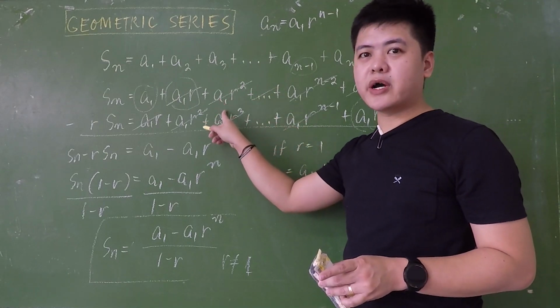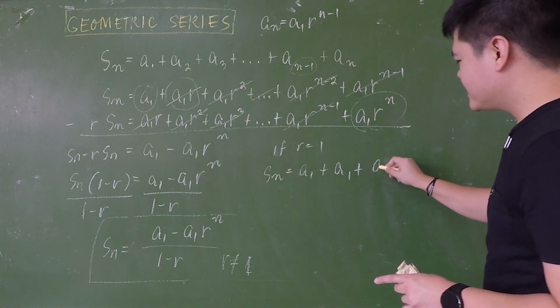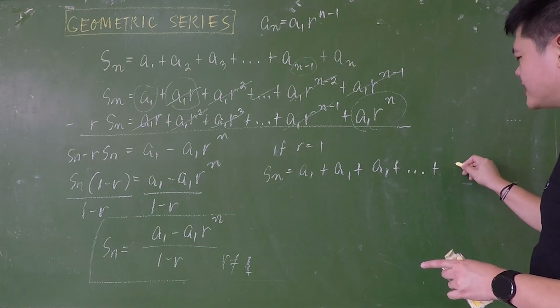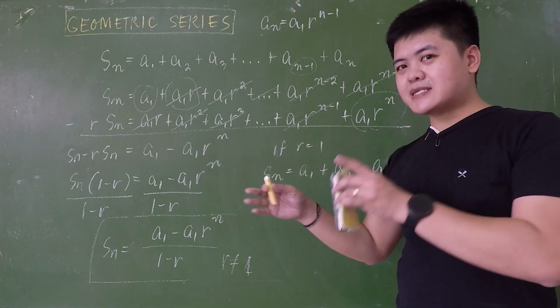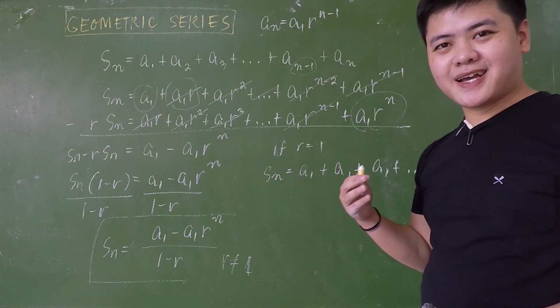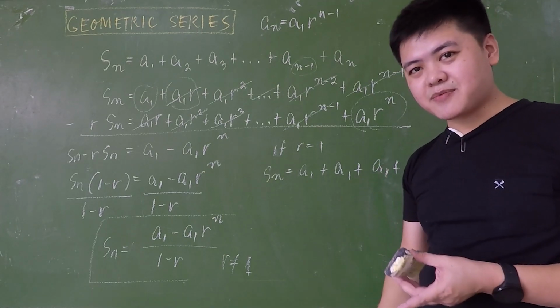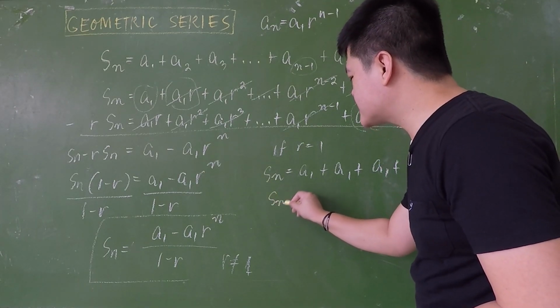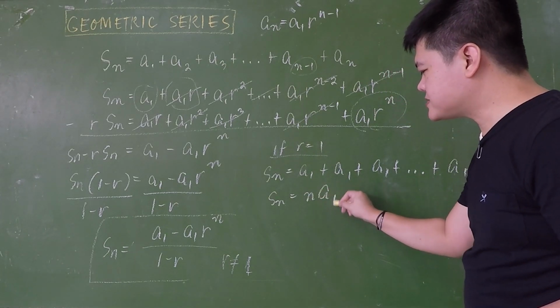Plus, a sub 1 times 1 squared. So, a sub 1 pa rin yung third term mo. A sub 1 plus, hanggang a sub 1. Lahat ng terms niya a sub 1. So, ilang a sub 1 to? There are n na a sub 1. So, therefore, the sum, if r is equal to 1, is n times a sub 1.